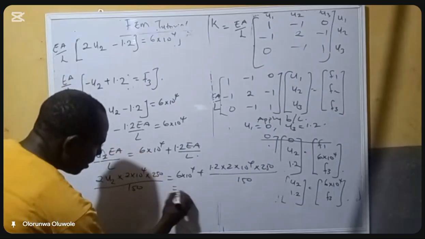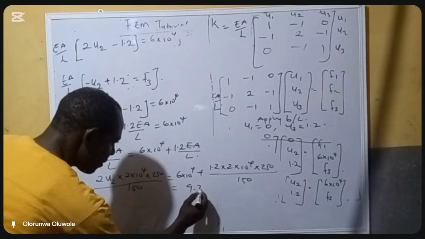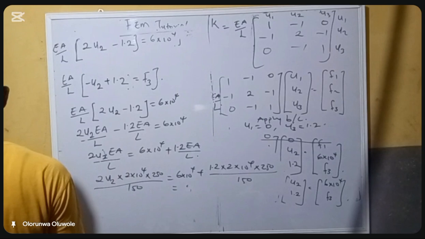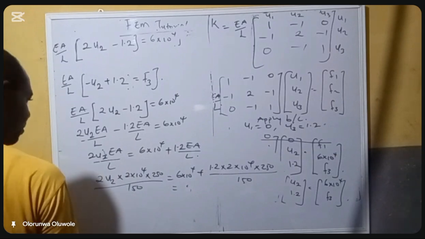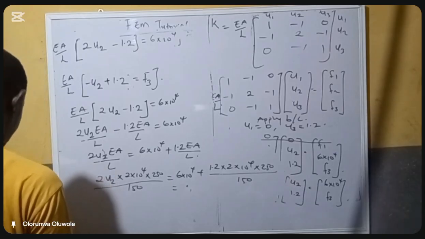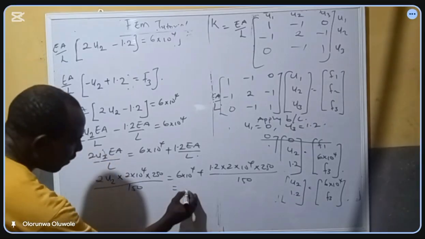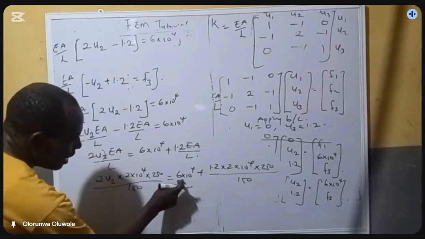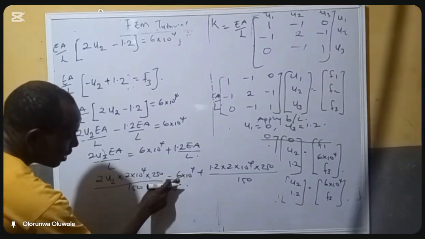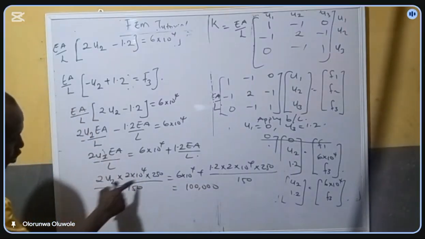Yes. 6 times 10 to the power 4 plus 1.2 times 2 times 10 to the power 4 times 250 divided by 150. Yes, that's correct. 100,000. Is it plus this one too? Yes, 100,000.